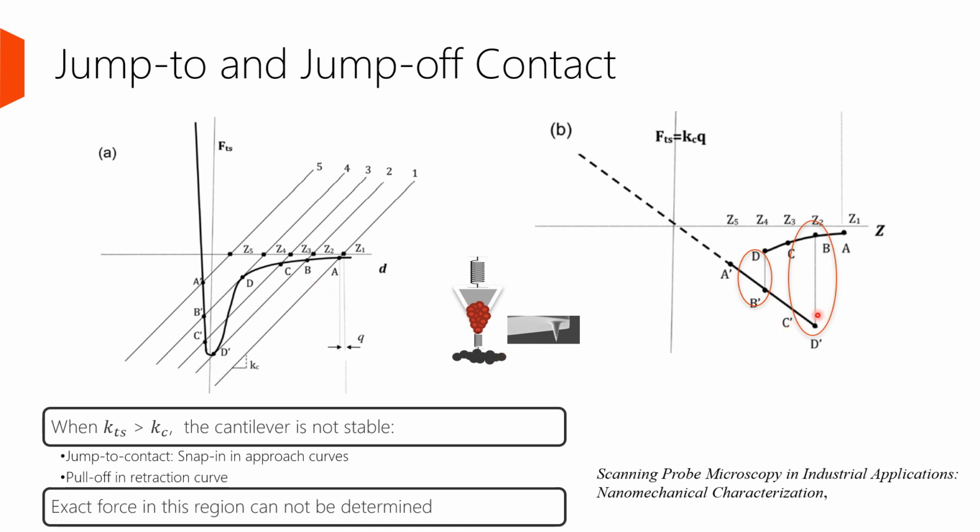In an FZ curve, in the forward modulation, we can observe a sudden change of the cantilever deflection from D to B prime, and in the backward modulation, we can see a sudden change of the cantilever deflection from D prime to B. So in this region, the exact force is actually not measured. We cannot determine the force change between D and D prime.